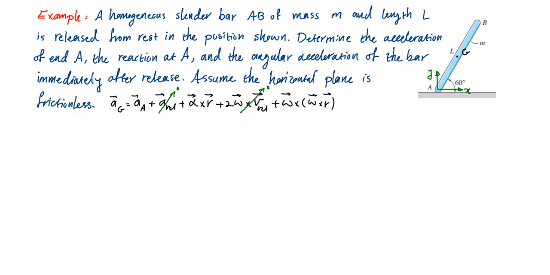Now, another thing is that I'm told that I have to find the angular acceleration of the bar or analyze this system immediately after release. Remember when we were talking about kinematics of particles?